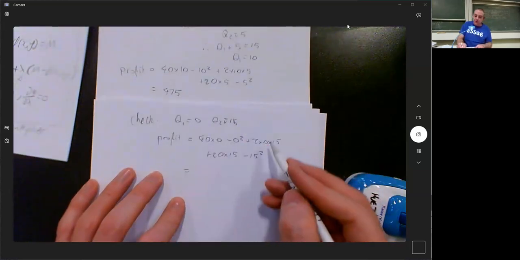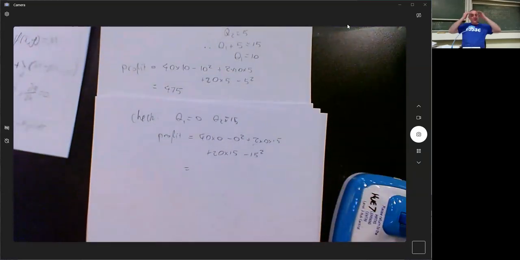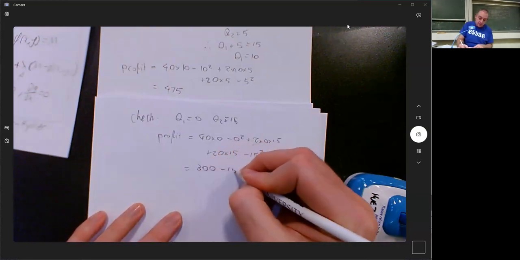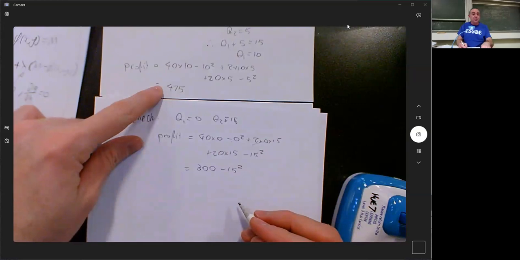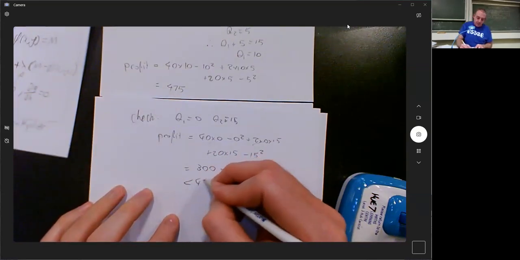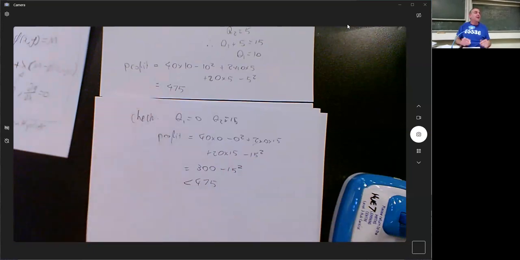And all of these are 0, which is convenient. 20 lots of 15 would be 300, which is less than 475. All right, so it really is a maximum, so that's good.